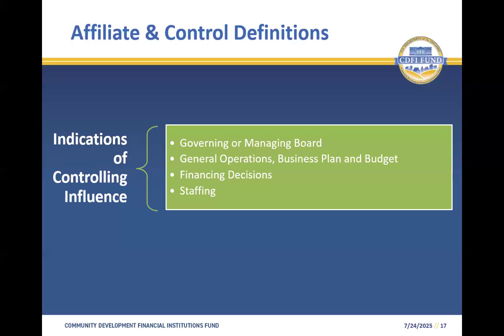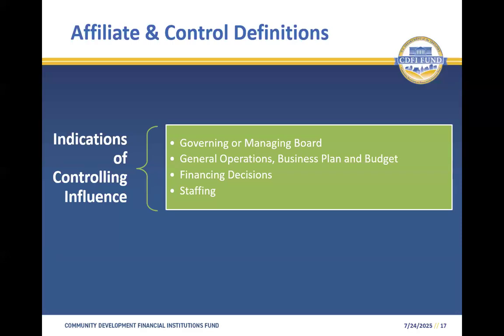The third dynamic relates to financing decisions. Control can exist if an affiliate plays an active role in deciding how or where financial products will be deployed, or has veto power over even some of the entity's underwriting or financing decisions, or appoints, nominates, or occupies a majority or substantial minority of certain seats on an entity's loan or investment committee.